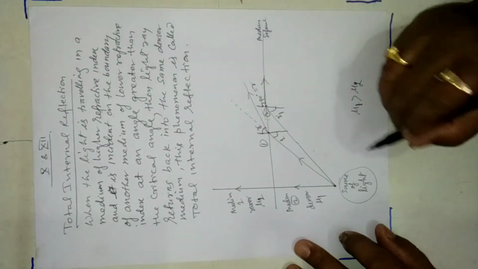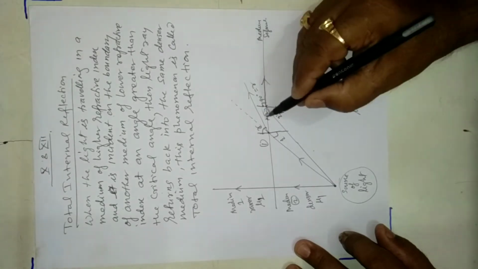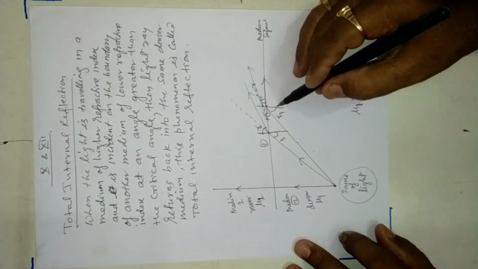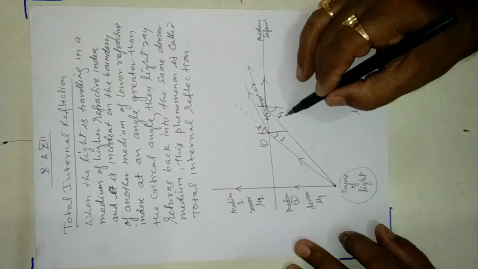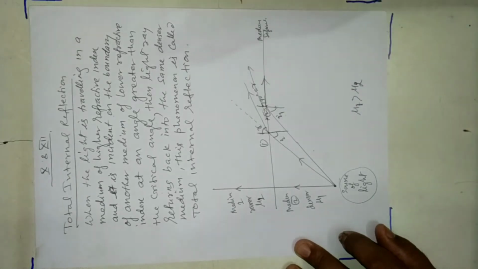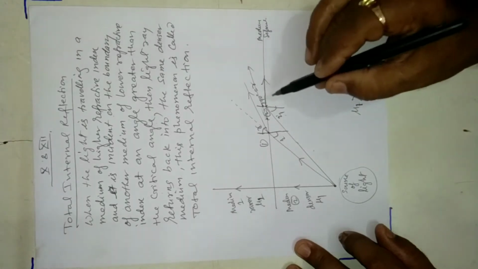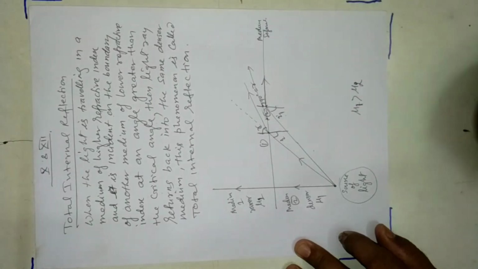If you take an intermediate angle, it will move in air like this. But in the second situation I have taken, I1 is such that the refraction is maximum and the angle of refraction becomes 90 degrees. At that time it is grazing.